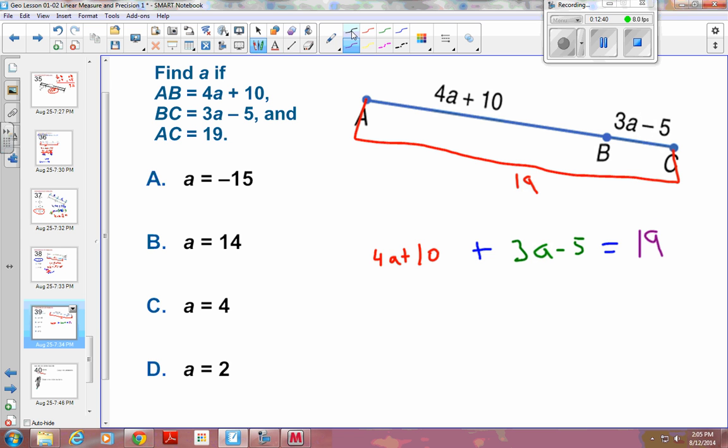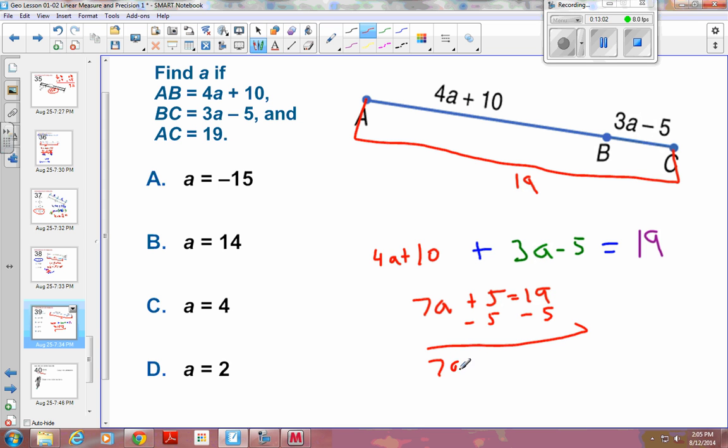Okay, doing the work. So 4A plus 3A is 7A, combining my like terms. 10 minus 5 is 5. Okay, get the variable by itself, isolate the variable, so I would subtract 5 from both sides of my equal sign.